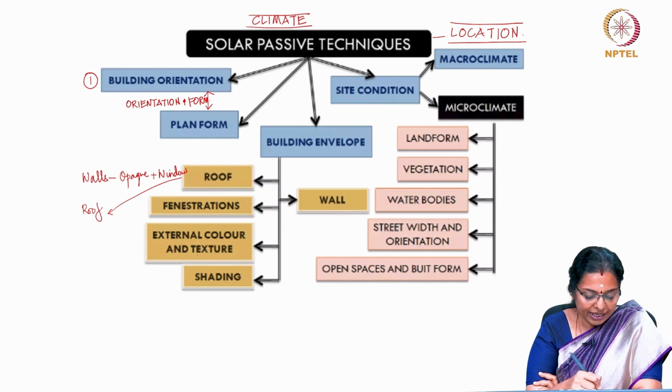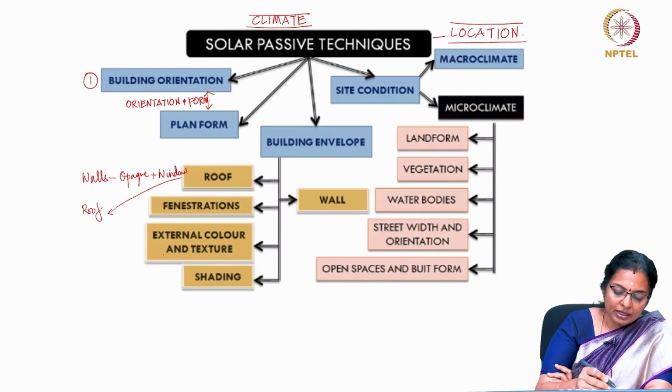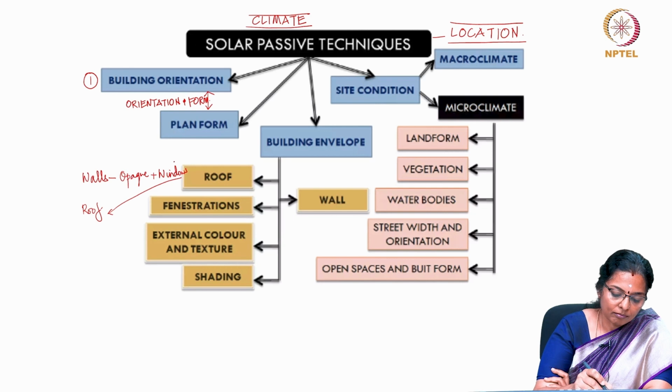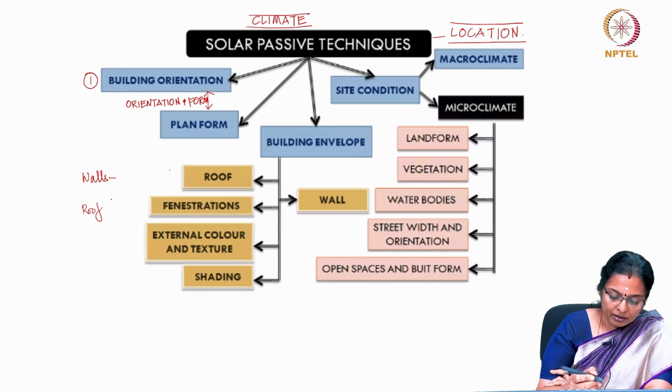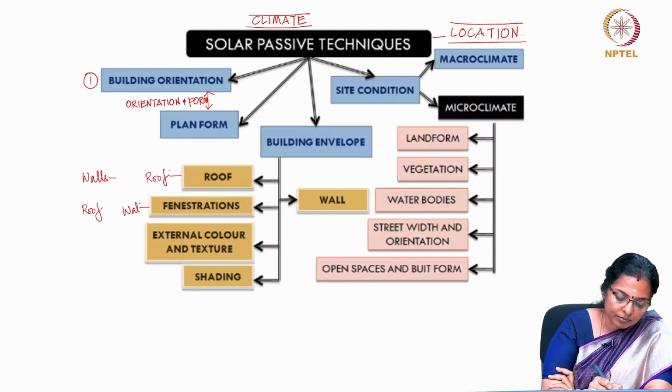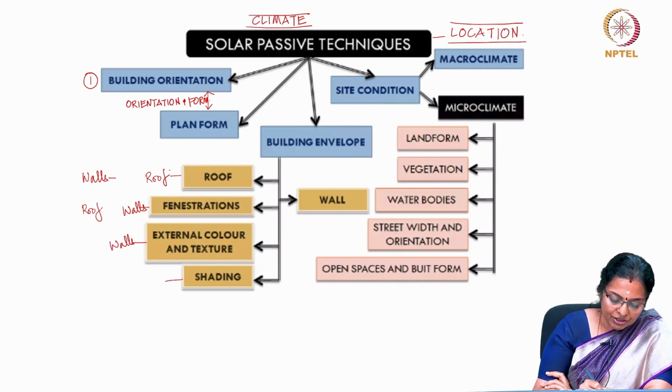Windows have shading devices. So, I would say this relates to roof, fenestration relates to walls, color and texture relates to walls, shading relates to openings and therefore walls.